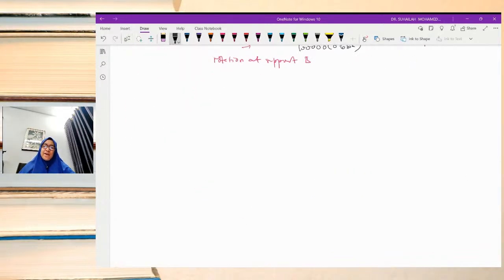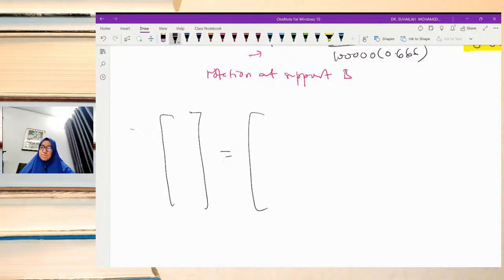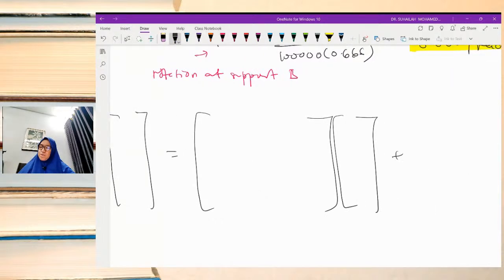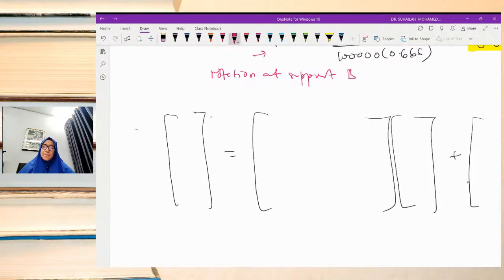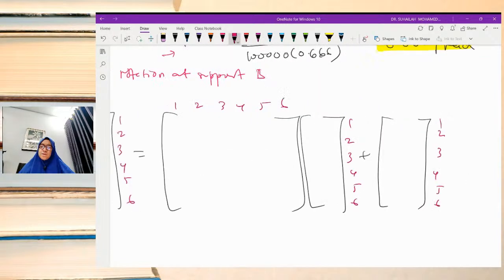So if we have the matrix, D plus Q naught, all these are labeled 1, 2, 3, 4, 5, 6.